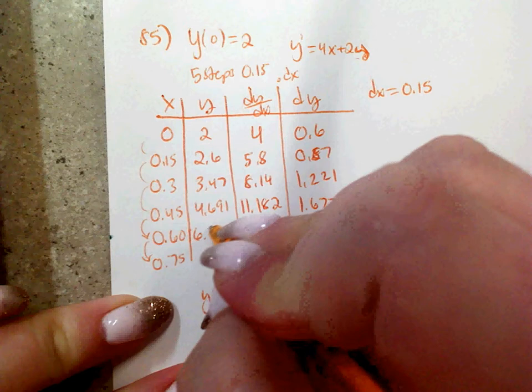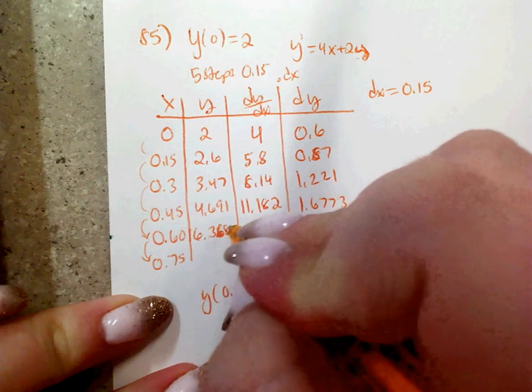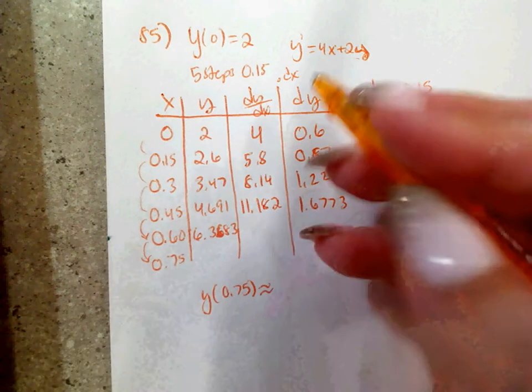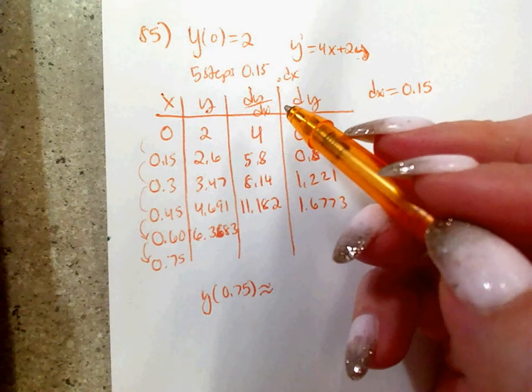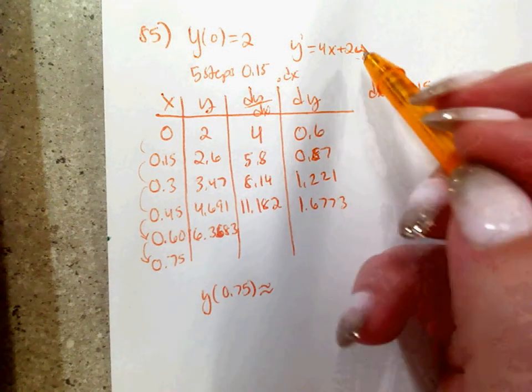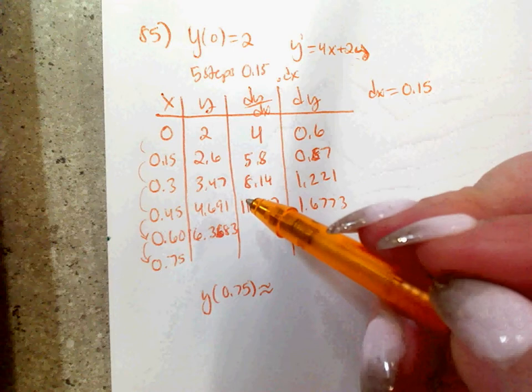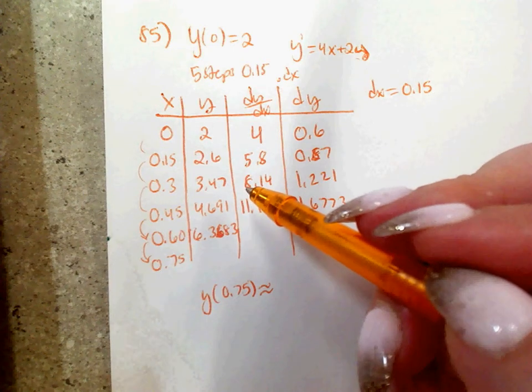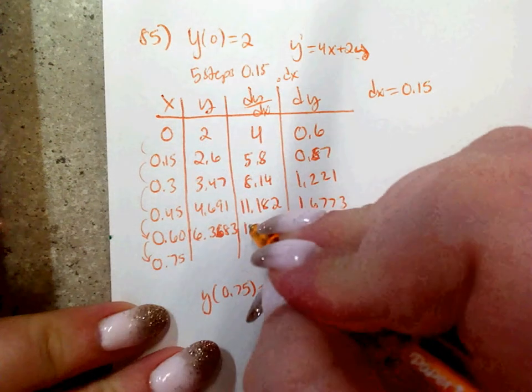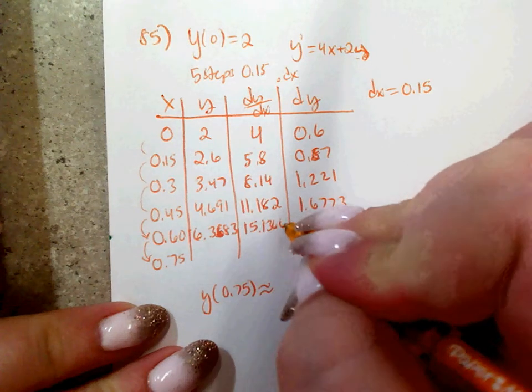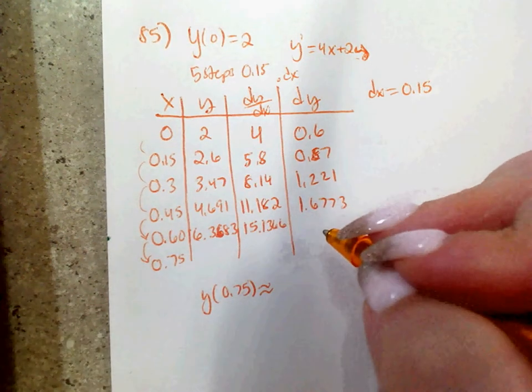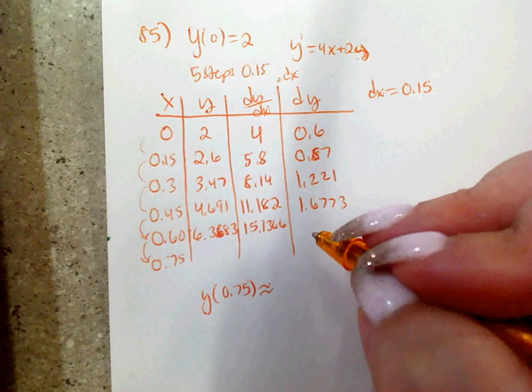6.3683. Plug that in, so 0.6 times 4 plus 2 times 6.3683, and we get 15.1366 times 0.15, 2.27049.